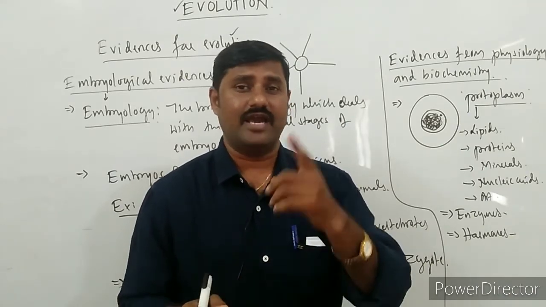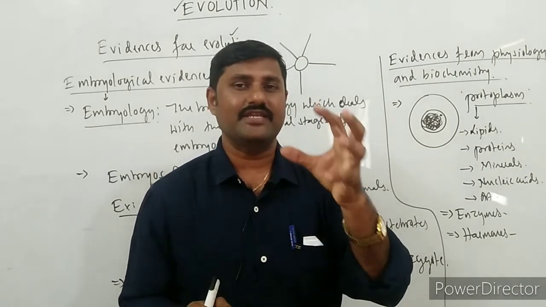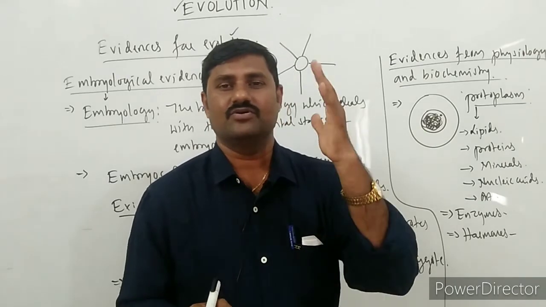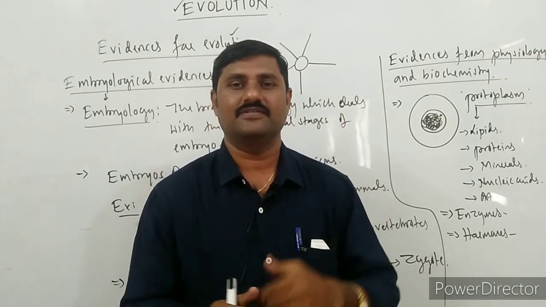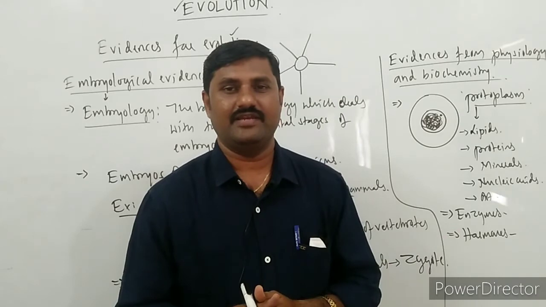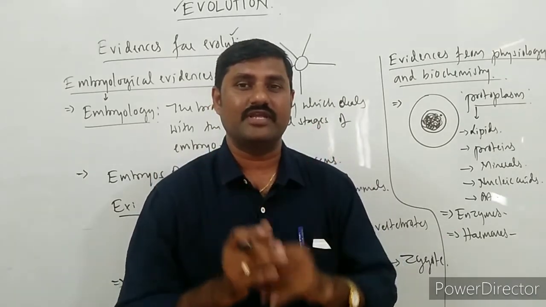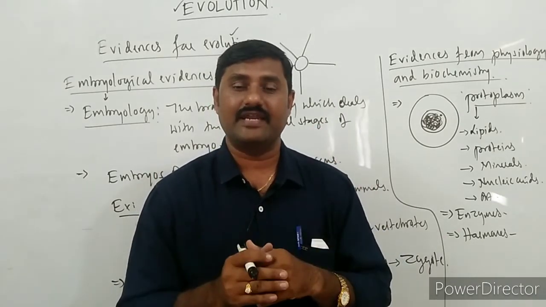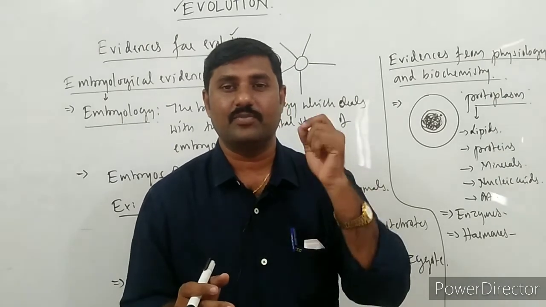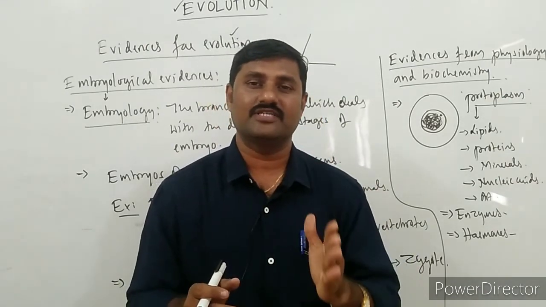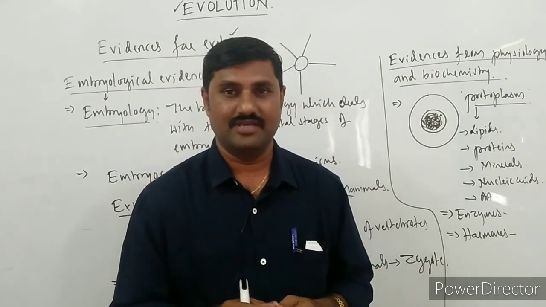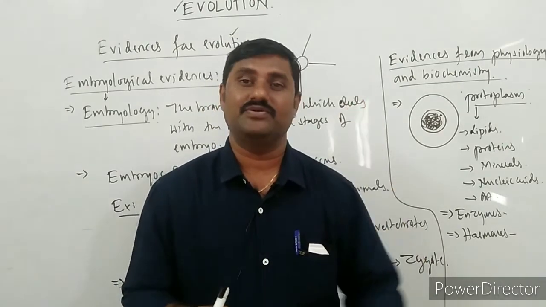As you have studied, insulin was extracted from cattle, or sometimes from a pig, and was introduced into the body of persons suffering from diabetes mellitus. This is the history you might know.